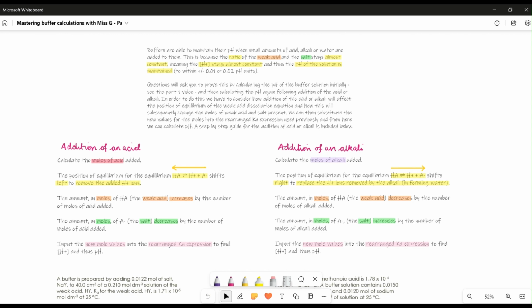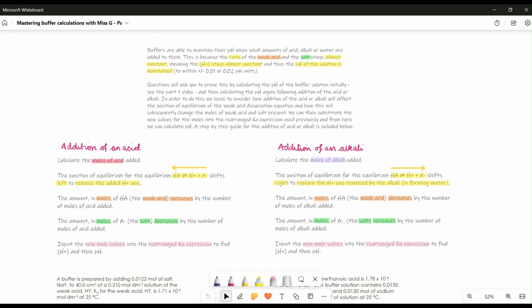So today what we need to understand is, when we are adding an acid to a buffer, what does that do? How does that shift the position of equilibrium for the weak acid dissociation equation? What does that therefore mean for the moles of the weak acid and the moles of the salt? And once we've worked that out, we can then input those new mole values into the same rearranged Ka expression we were using in part 1, and from there we can then get the pH.